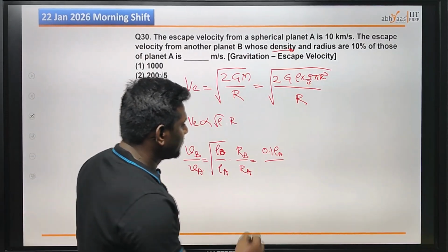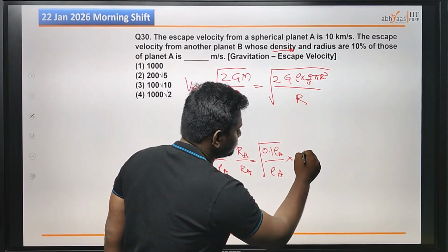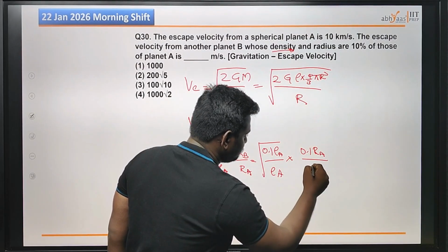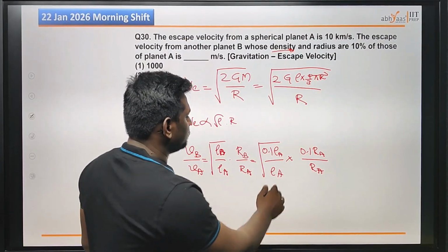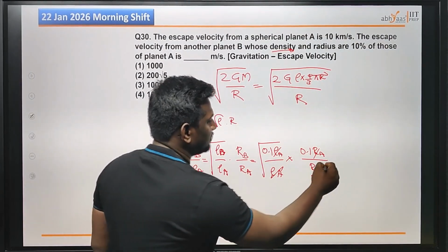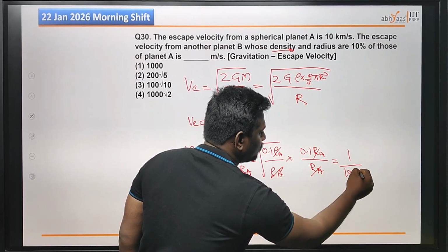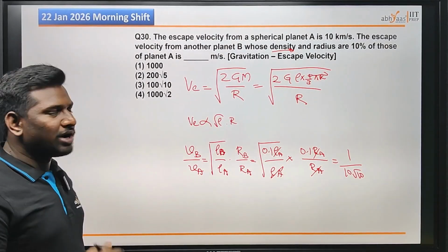So see here, rho A into 0.1 RA R. If you cancel these things, you will get 1 by 10 root 10. But what are they asking?